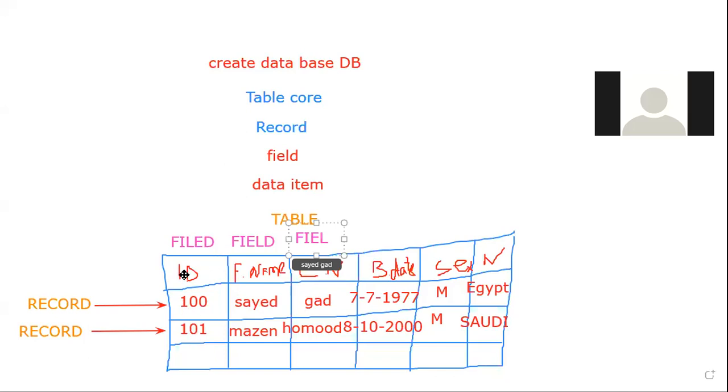The first field is the ID number. Another field is the first name, another is the last name, another is the birth date, another is sex or gender, and another is nationality.